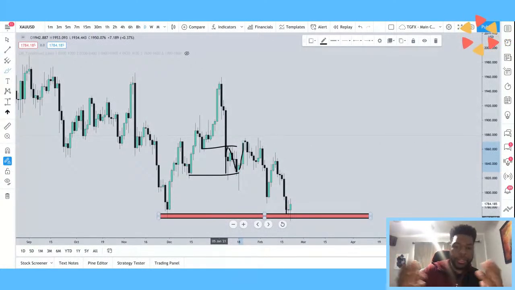There's enough pip range for intraday traders to catch way more pips than they actually need. To be profitable as an intraday trader, you really only need maybe anywhere from 40, even honestly smaller, like 30 to 60 pips per trade.